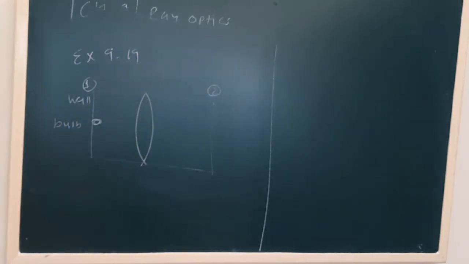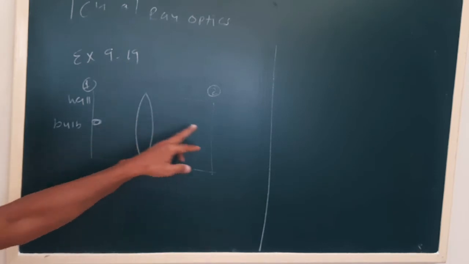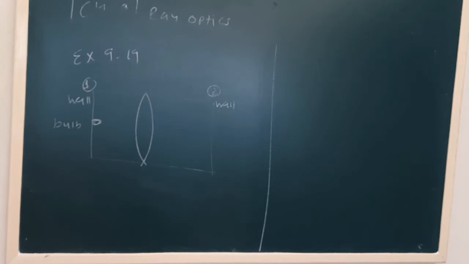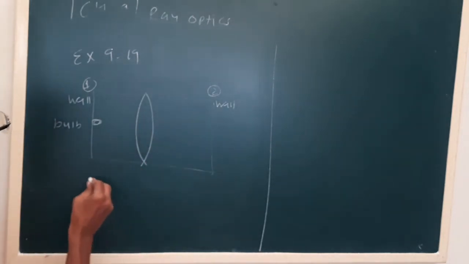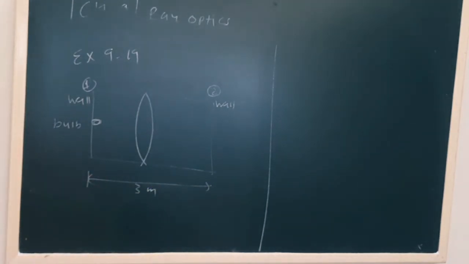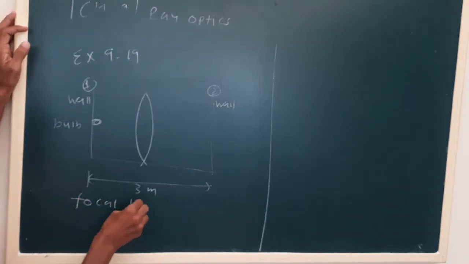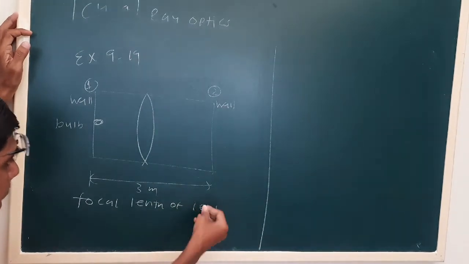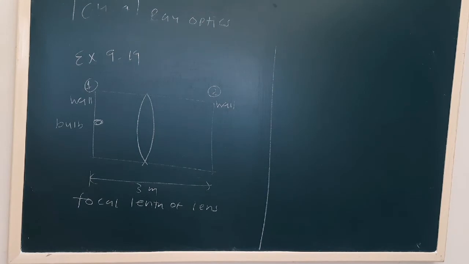We have to obtain the image of the bulb on the other wall, that is wall 2. The distance between the bulb and the wall is 3 meters. What should be the focal length of the lens?